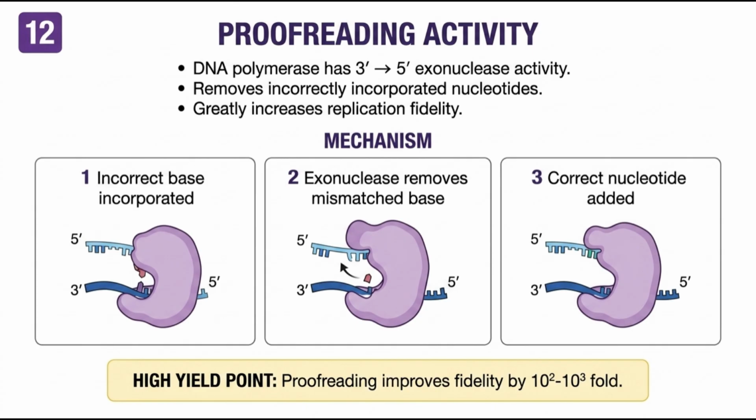After removal, the strand returns to the polymerase site and correct synthesis resumes. Proofreading greatly increases replication fidelity by approximately 100 to 1,000-fold. An important point is that polymerization and proofreading occur at separate catalytic sites.